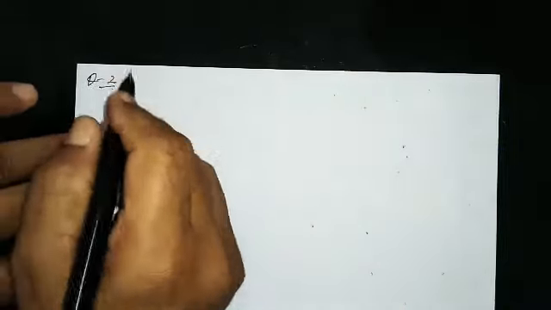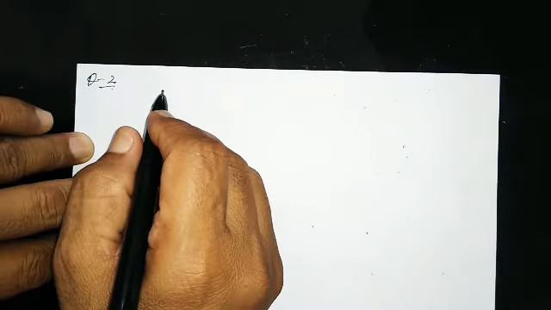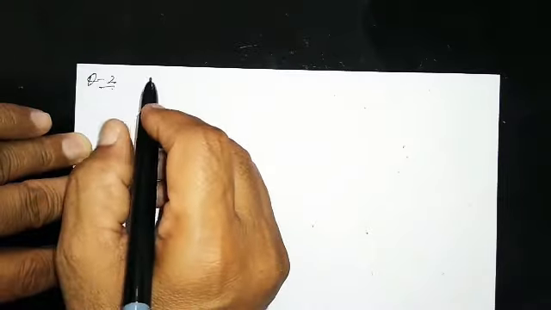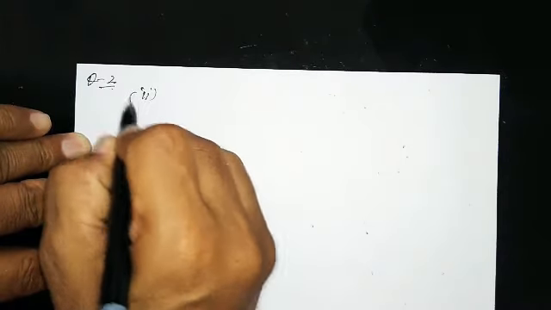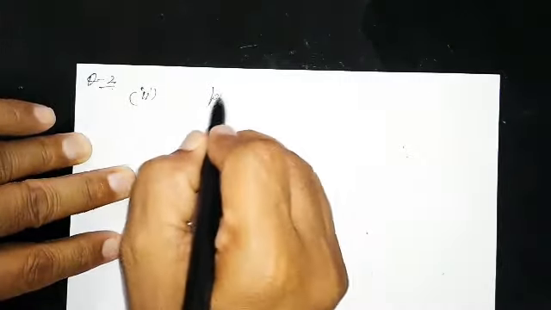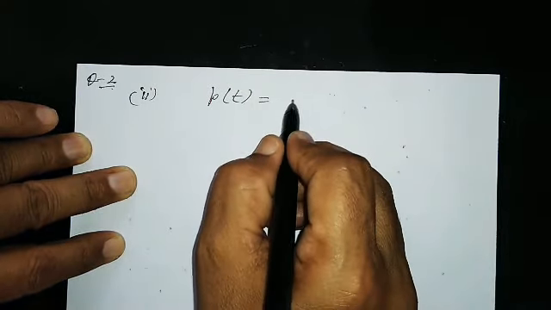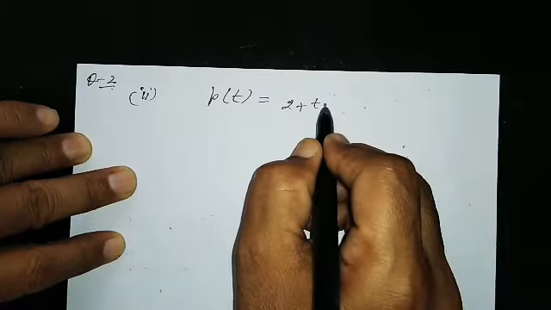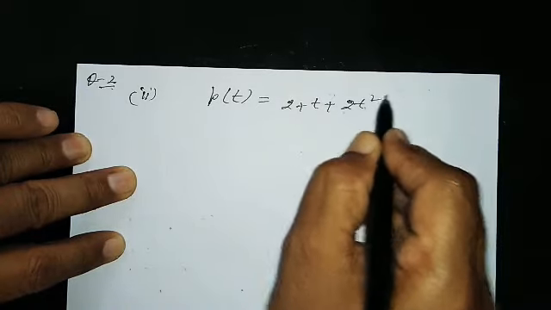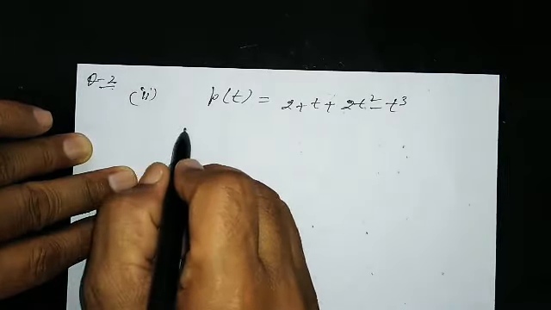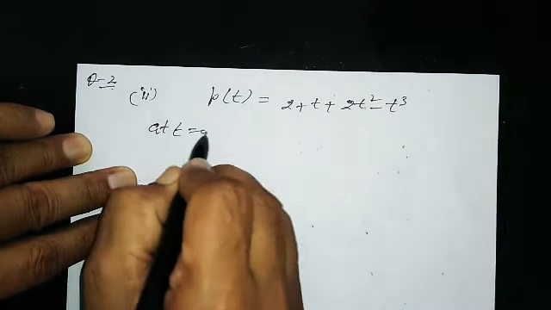Come to question number 2. Find p(0), p(1), p(2). I take the second part of this, where we have the polynomial p containing the variable t as 2 + t + 2t² - t³, and we have to find it first at t = 0.